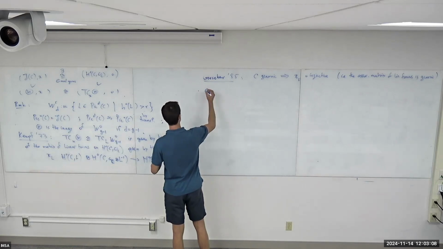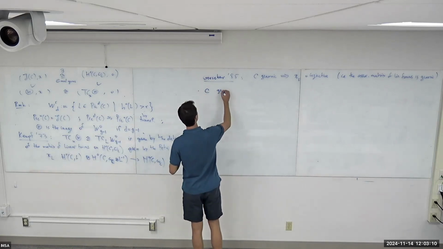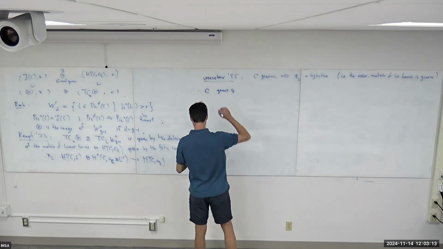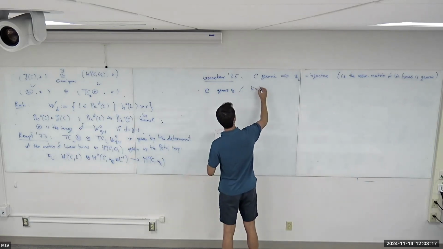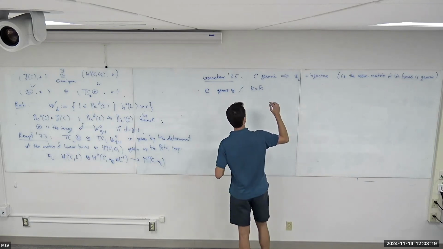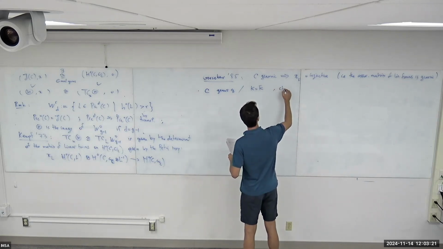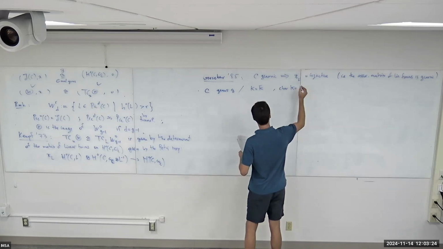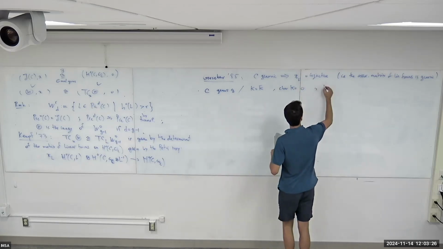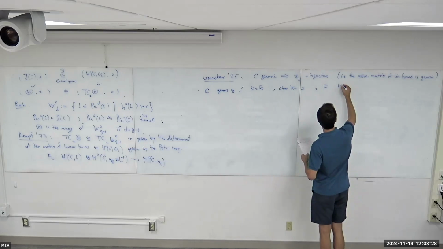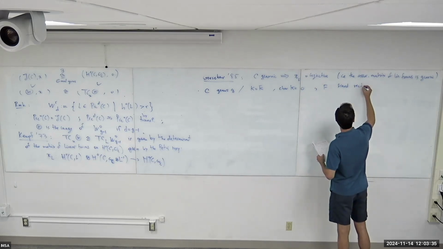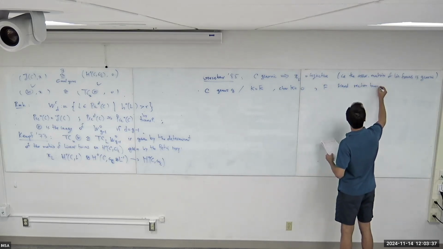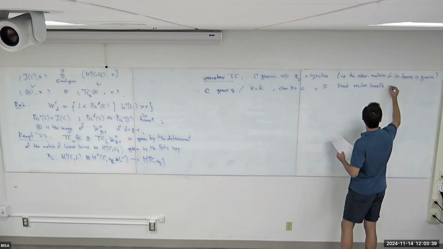I will need some more notation for that. So C now is going to be a genus g smooth projective algebraic curve over an algebraically closed field F of characteristic 0. And F is a fixed vector bundle on C. In fact, the bundle that I fix doesn't have to be stable, just a vector bundle.